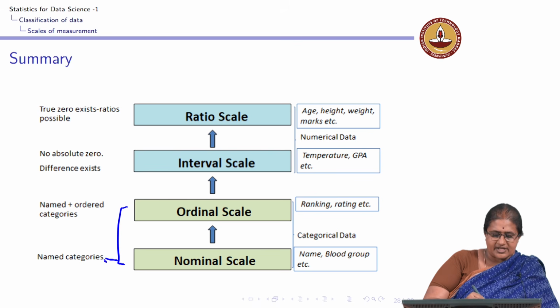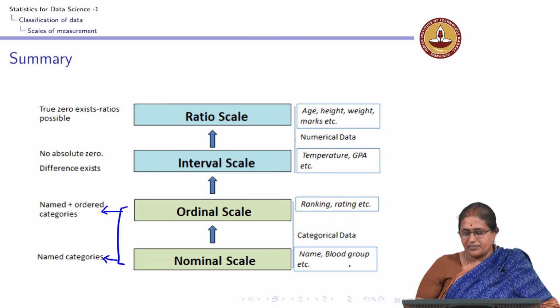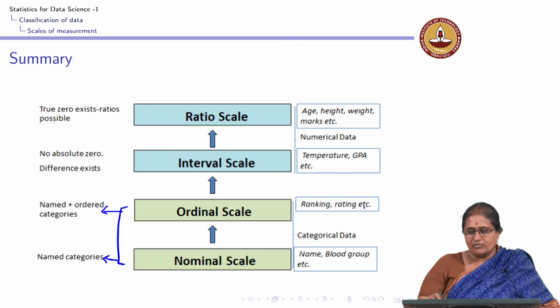Within these, nominal is only a named category, ordinal is named with an order. Here the difference between order is not a fixed measure. Examples for categorical data: name and blood group are nominal scale; ranking and rating are ordinal scale, where there is an order, but there need not be a fixed difference in the rating.